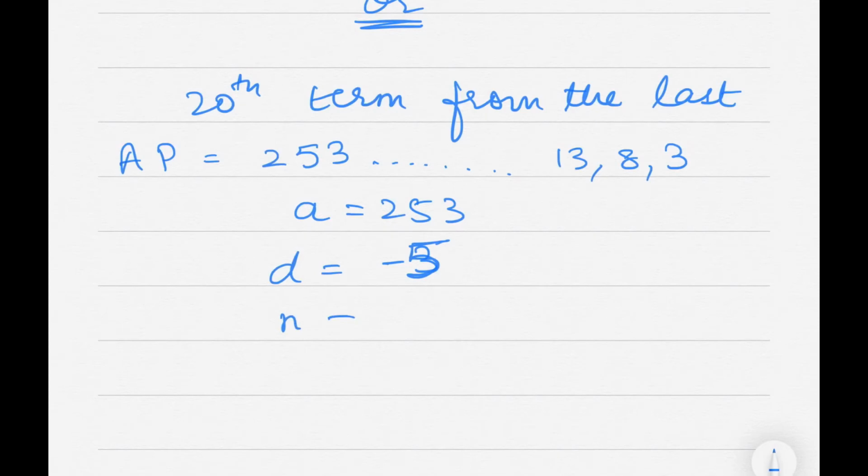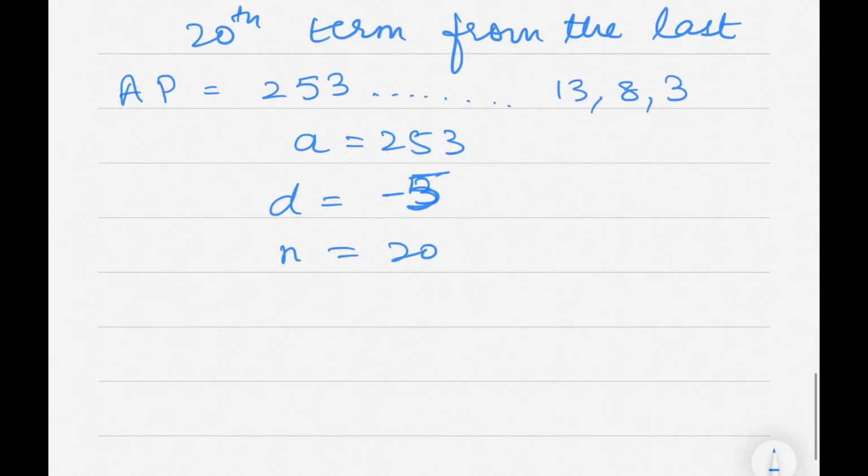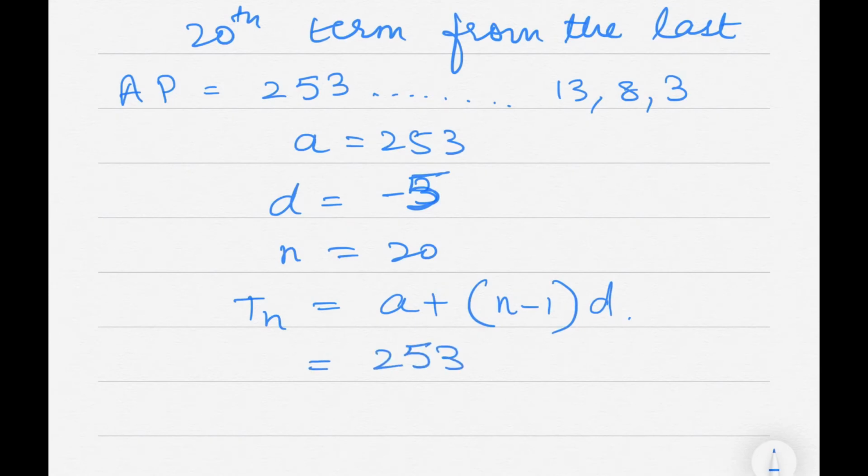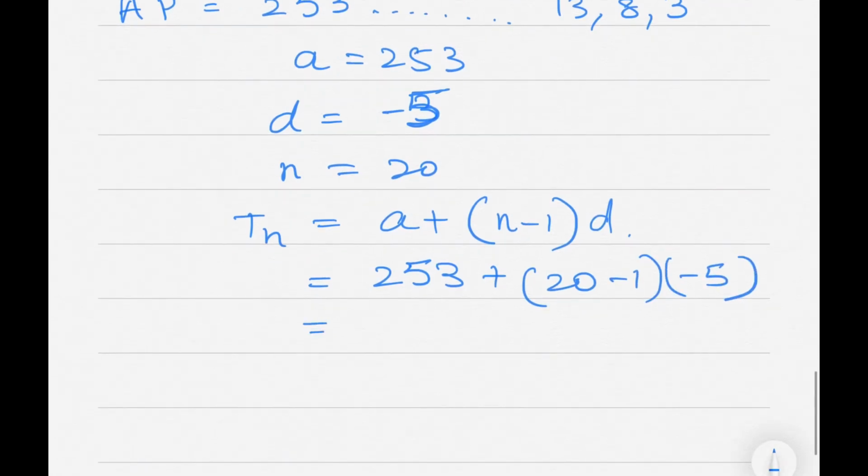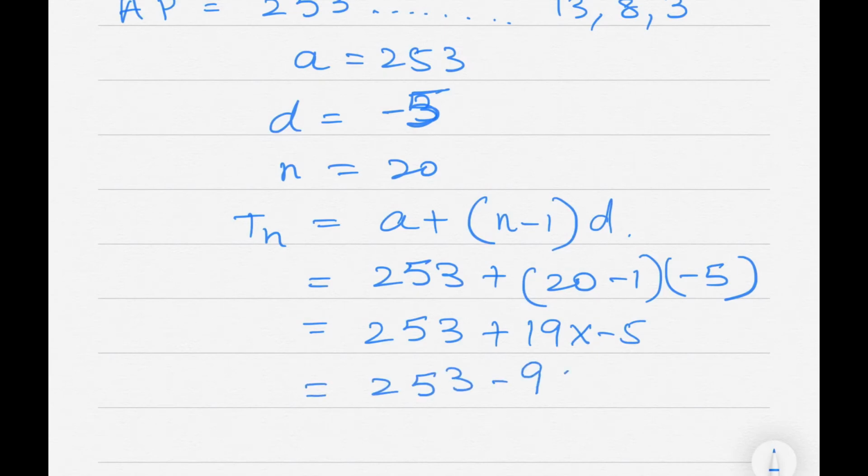So now I can find out the 20th term. So n is equal to 20 here. Again I write down my formula, a plus n minus 1 into d, the nth term. So a is 253 and n is 20 minus 1 into minus 5. So this becomes 253 and this would be 19 into minus 5. 19 fives are 95.